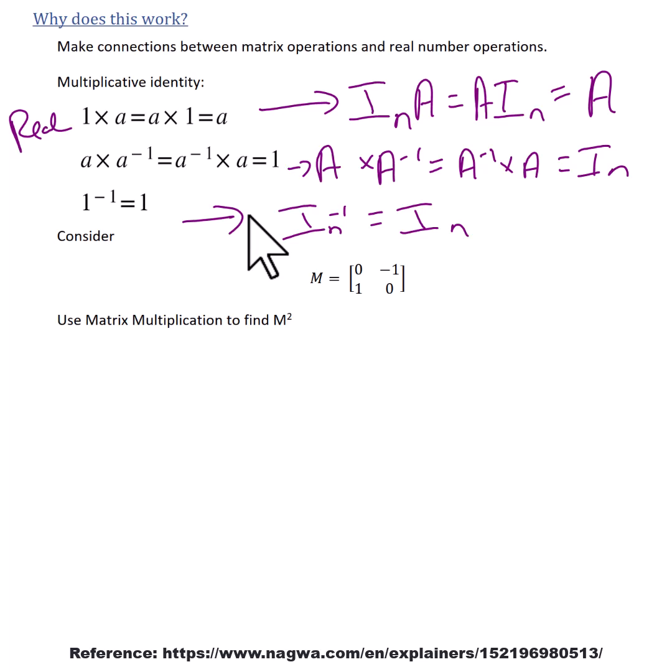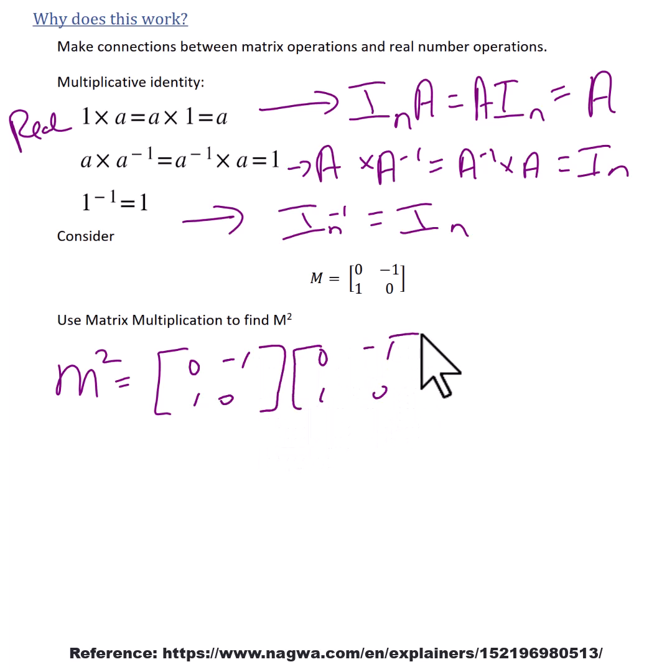What about if in your matrix multiplication you have that m is equal to [0, negative 1; 1, 0]? What would m squared be? So what we will find is that m squared is equal to [0, negative 1; 1, 0] times [0, negative 1; 1, 0].